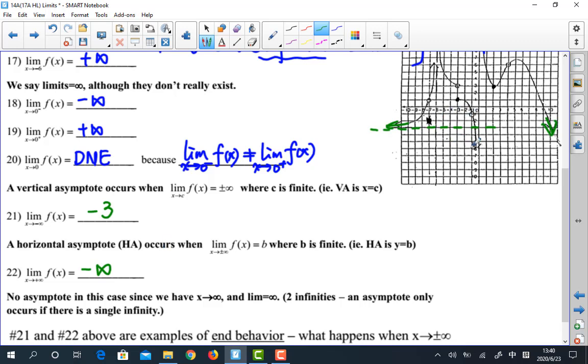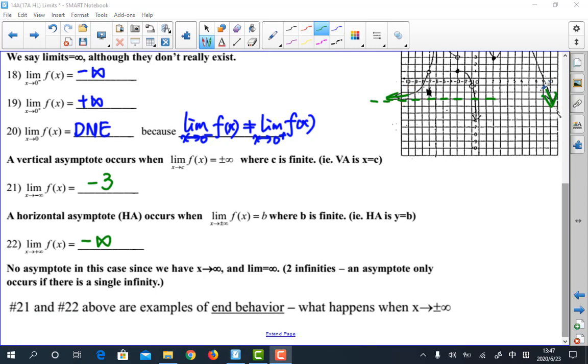The horizontal asymptote doesn't have to occur at both of the ends. It can just happen at one end. In this case, the horizontal asymptote only exists for the left-hand side. There's no horizontal asymptote on the right end behavior, since we have x approaches positive infinity and the limit value also approaches negative infinity here.